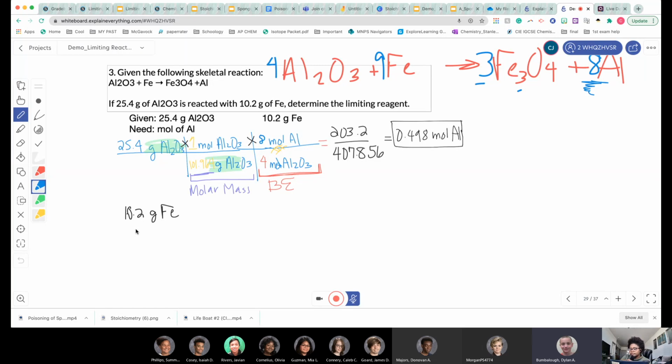The objective of doing that is so that we can convert our units to what we need them to be. So we don't need grams of Fe. We need moles of aluminum. And the only way to get rid of grams is to divide by grams.